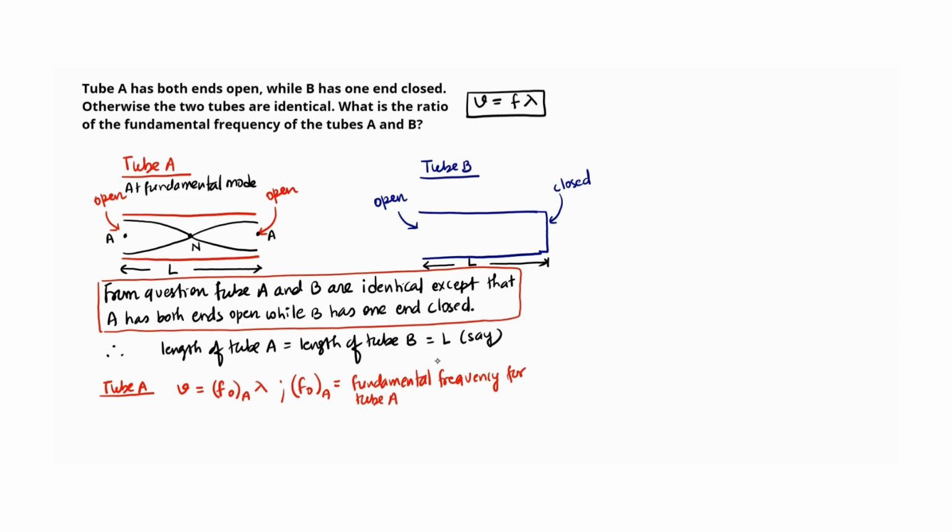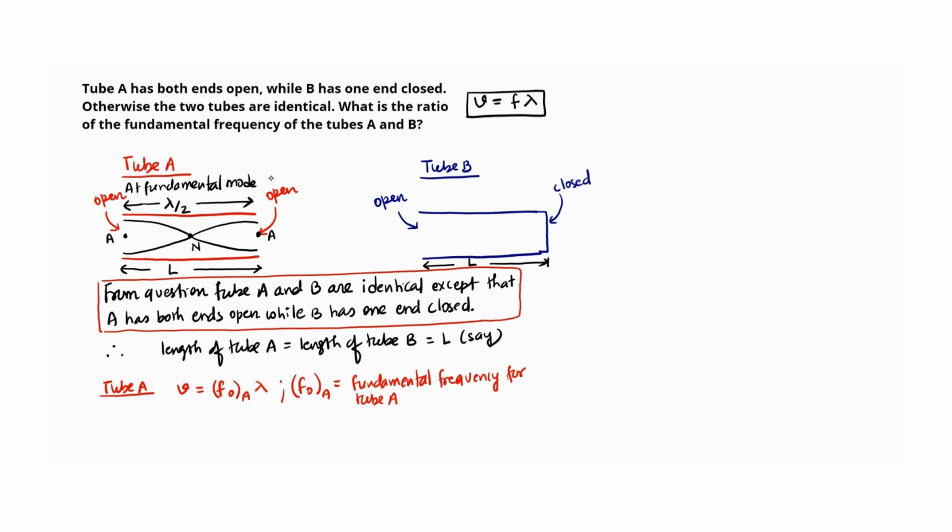So at fundamental mode, this distance, antinode, node, antinode, is lambda by 2.